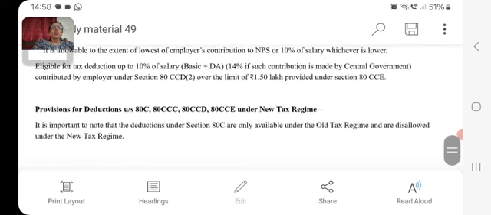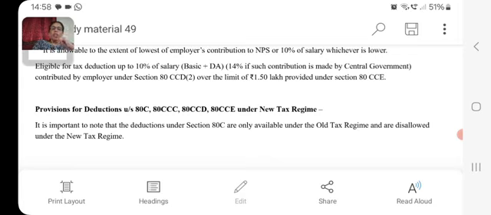But after learning all these things, we have to remember two important things. That is the total deduction available considering 80C, 80CCC, 80CCD together should not exceed 1.5 lakh. That is the one thing we need to remember. And the second thing is that this deduction is not available under new tax regime.